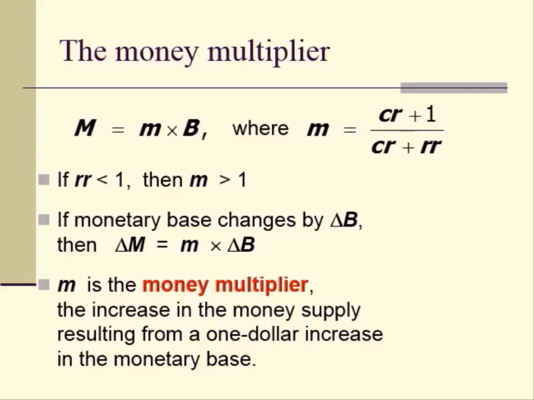And second, if the central bank increases monetary base, then you can also increase money supply. But note that the so-called currency deposit ratio is not directly controlled by the central banker, which is affected by the decision of the households.